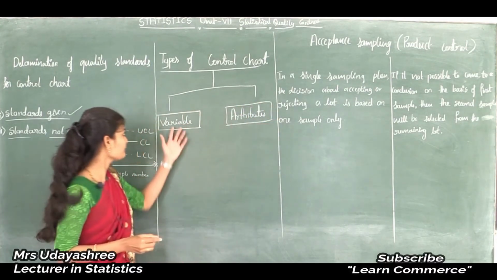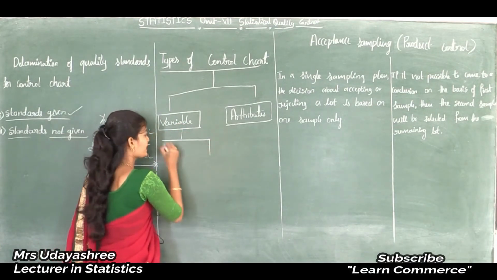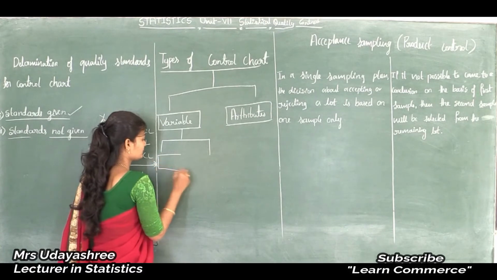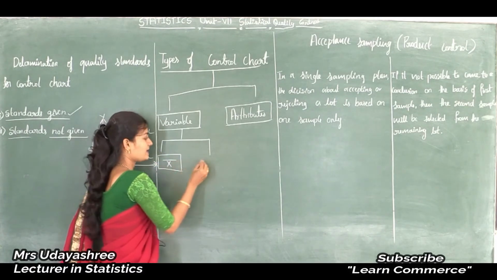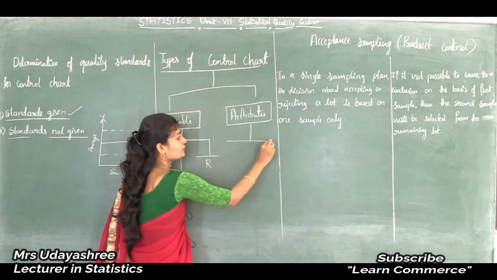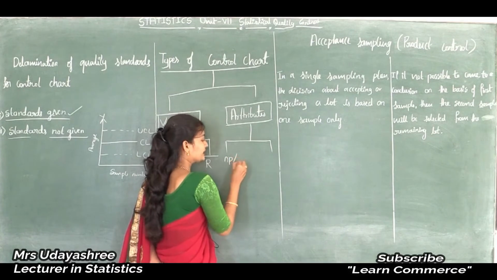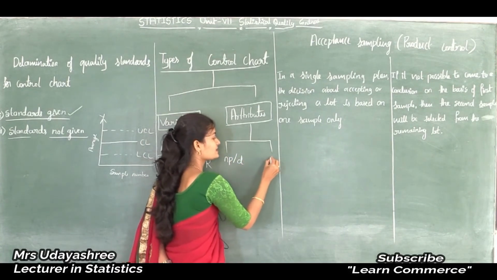In control charts for variables there are two types: one is X bar chart, another one is R chart. In control charts for attributes there are two types: one is NP or D chart, the second one is C chart.